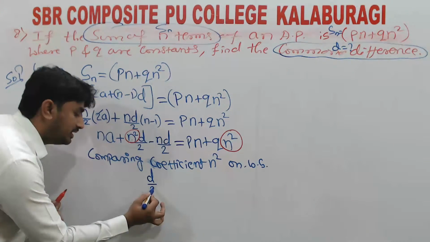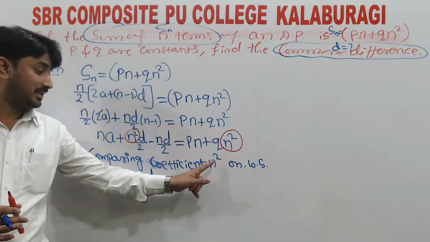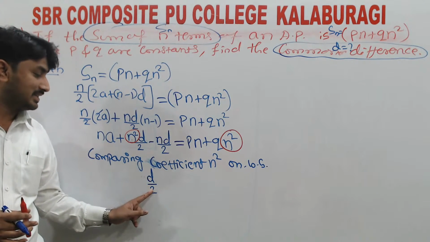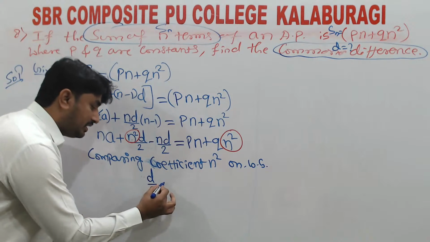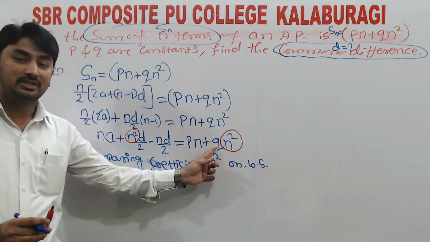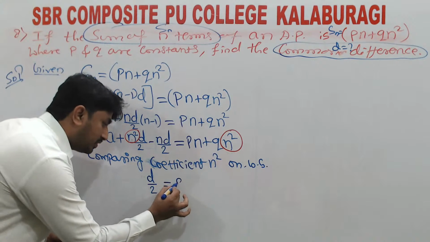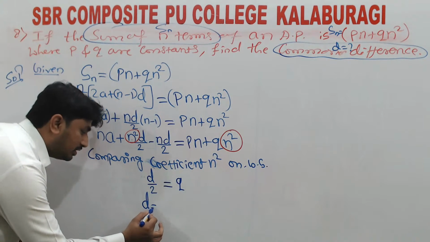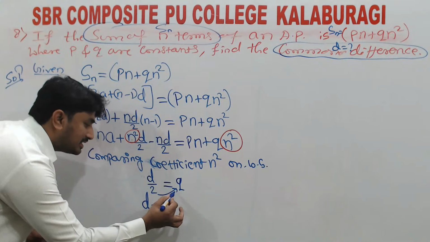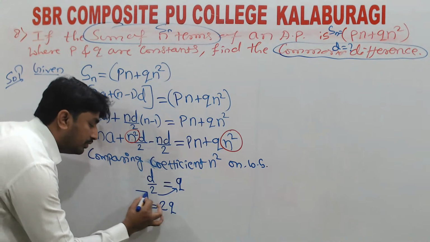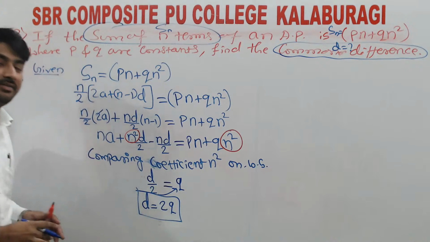I am writing here d by 2, the coefficient of n square, equal to the RHS n square coefficient, which is q. So I am writing q as it is. Therefore, the common difference d is equal to, taking 2 to the RHS, 2q.